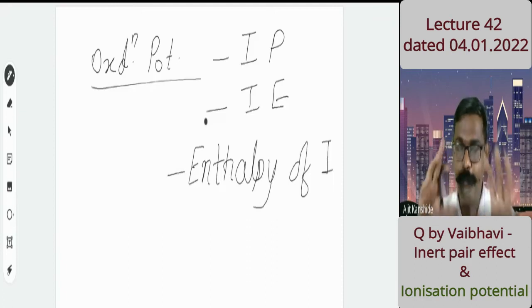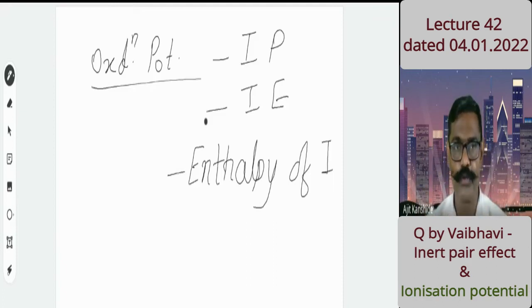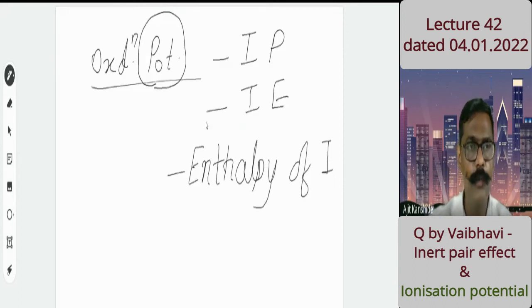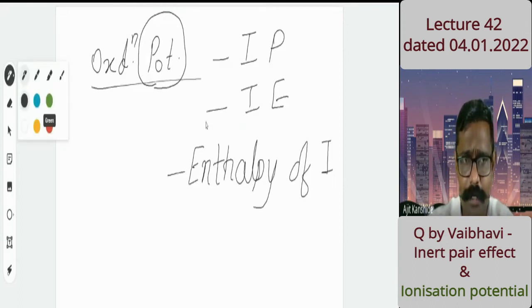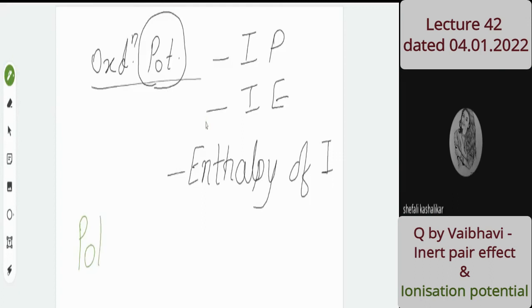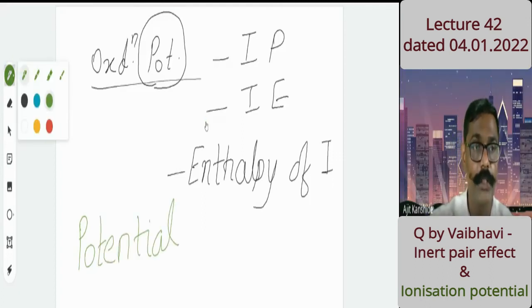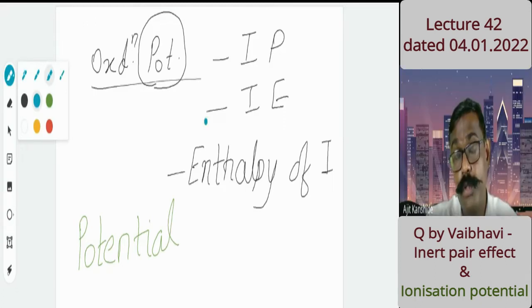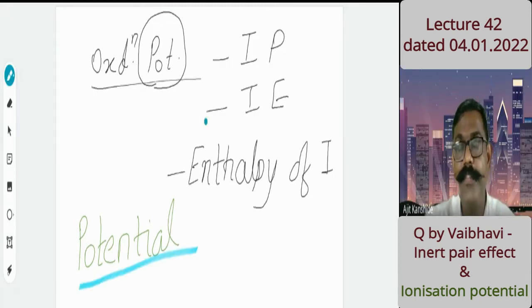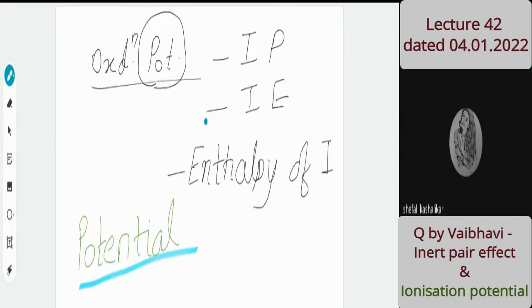I want to bring your attention to the basic approach: what potential is. In physics, you might be studying potential. Have you heard this word potential? Yes, sir. How do we represent that potential term? Which symbol do we use for potential? In physics, you might know.